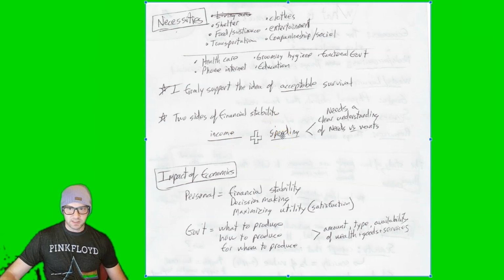The problem is people seem unwilling to recognize their necessities and spend on their necessities and not spend on their wants. They spend too much money on wants thinking that they need it. So a clear understanding of necessities versus wants will help you control your spending, which is absolutely necessary if you're going to make the equation of financial stability work.